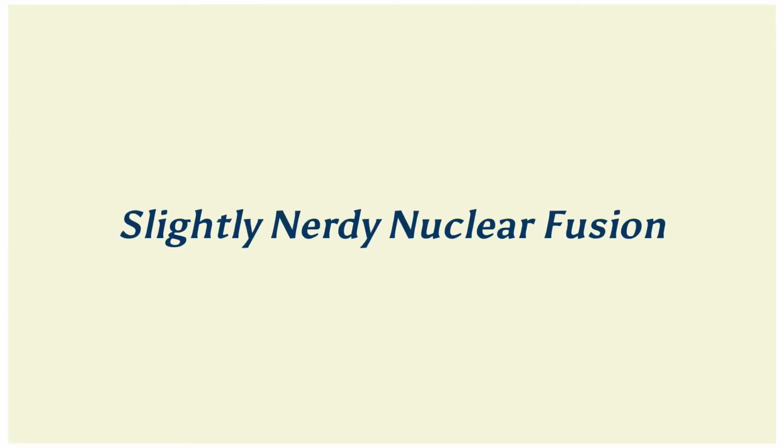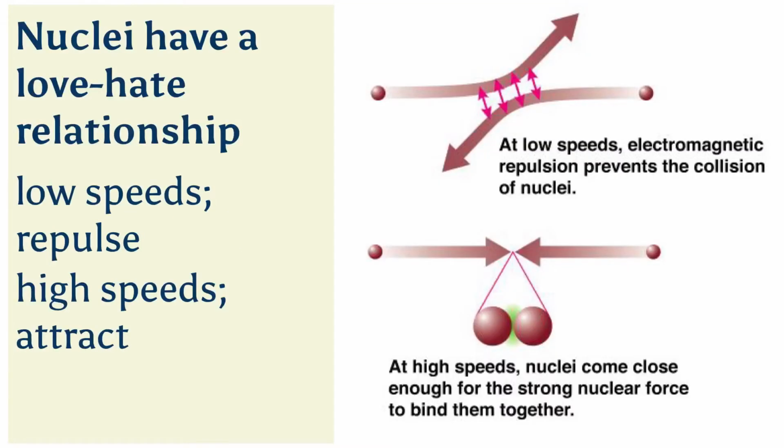All right, now I'm going to go into a slightly nerdier explanation of nuclear fusion. It might seem like a lot nerdier, but trust me, this is still a somewhat simple explanation. There are actually different pathways, but we're going to focus on one. In nuclear fusion, keep in mind that nuclei have a love-hate relationship. At low speeds, they have electromagnetic repulsion.